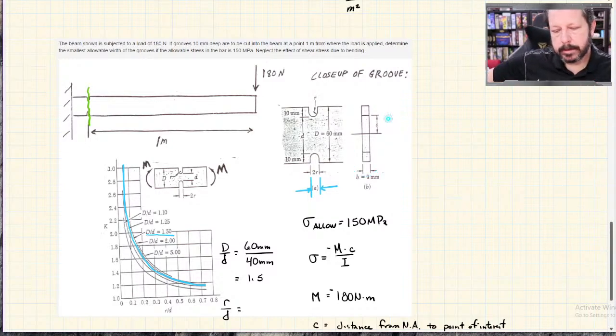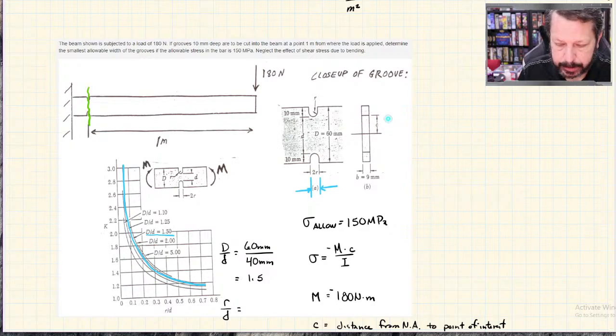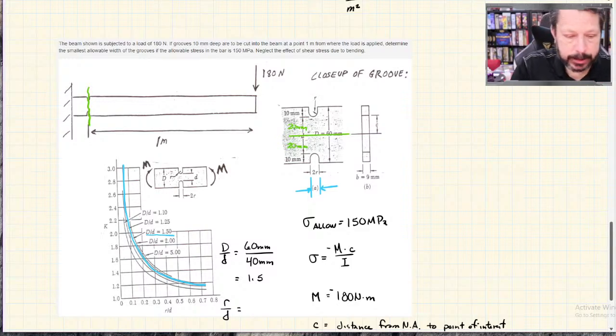This is the end view of our cross section. These little areas here show the edge of our groove, and it even labels the value of C, which is what we need. So that distance is 20 millimeters. Hopefully you can see 20 millimeters, 20 millimeters, and then 10. So C is going to be 20 millimeters.